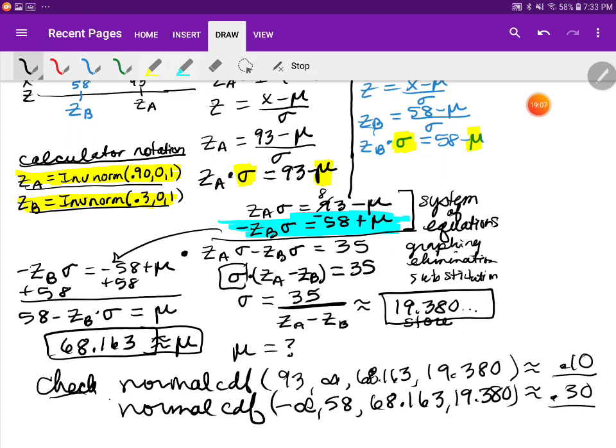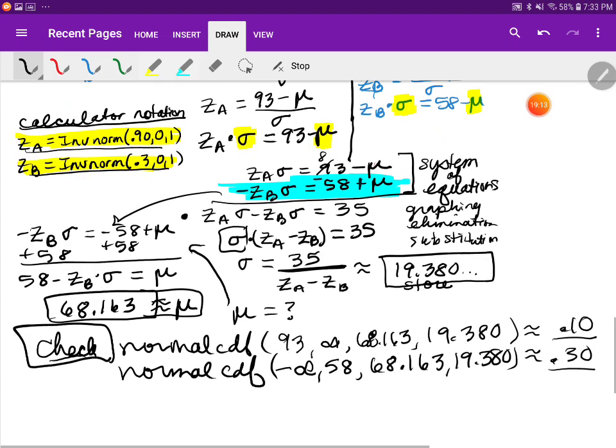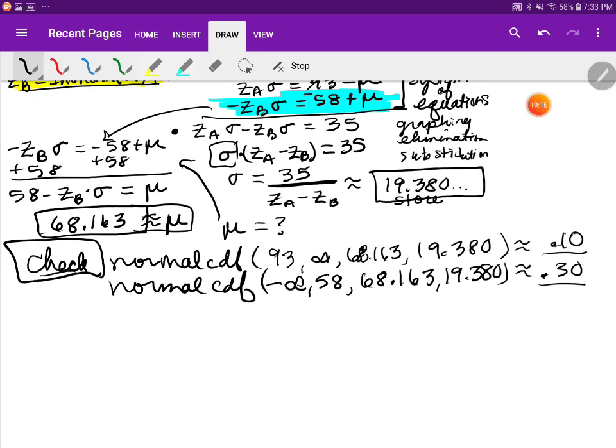So this would be a way to check on the calculator, but the calculator won't directly give you mu and sigma. So it's a very interesting problem. I like it. That's why I wanted you to have experience with the Z method. Because if you don't have any experience with the Z method, it's just not going to make any sense. Okay, so let's see if I'm missing anything. We got that. We got this.